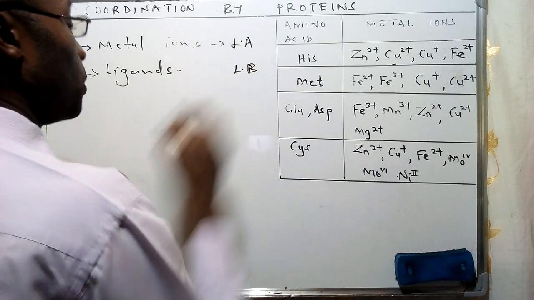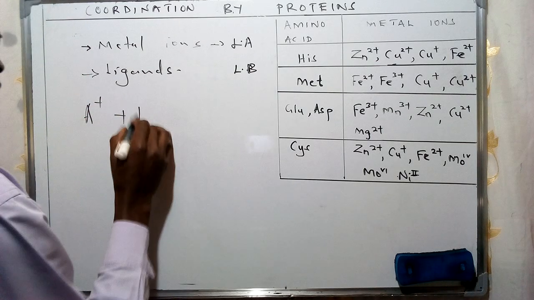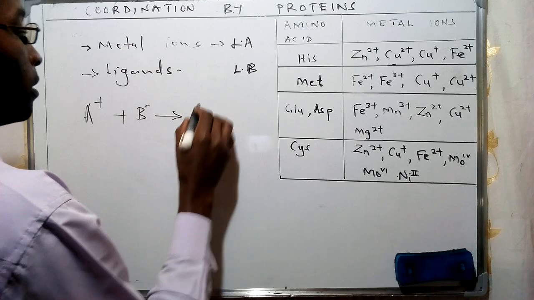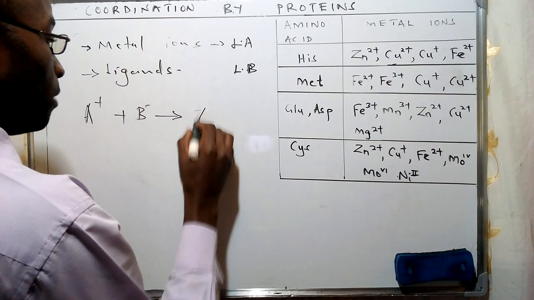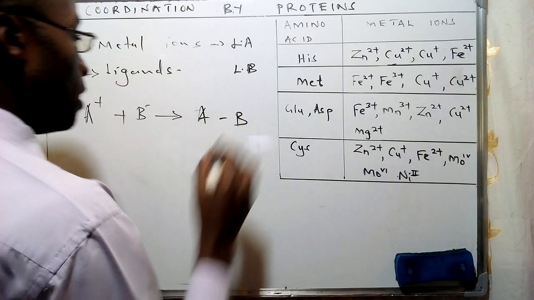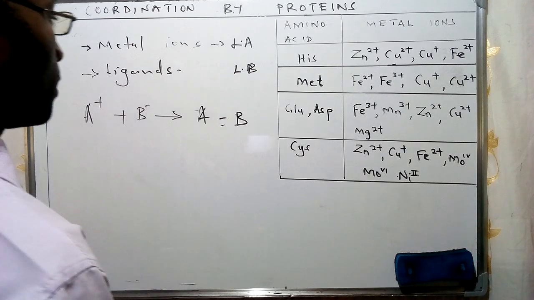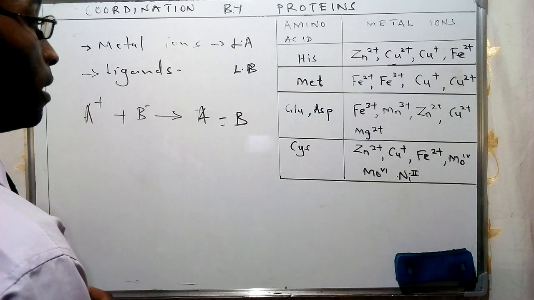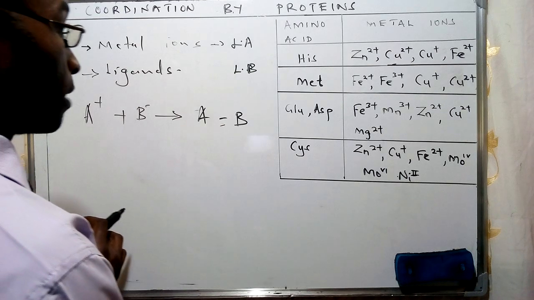This gave us a way to give a general equation for the combination of a Lewis acid and a Lewis base to form this coordinate covalent product, given in terms of that specific coordinate covalent bond. And this gave us a general way in which we can consider the combination of a metal ion and a ligand to form a complex compound.